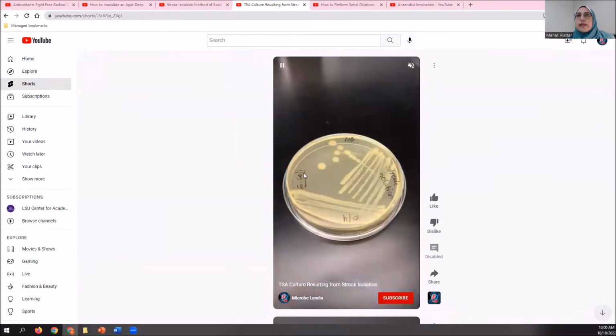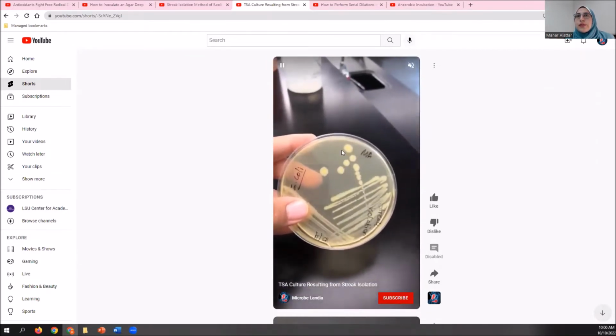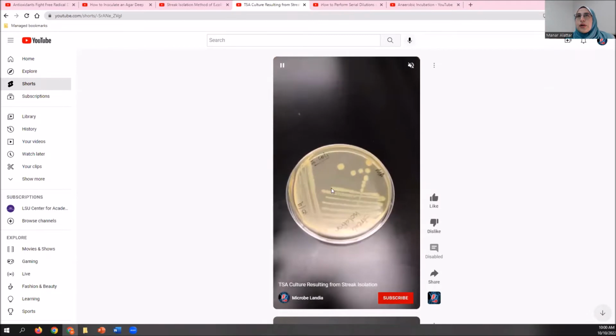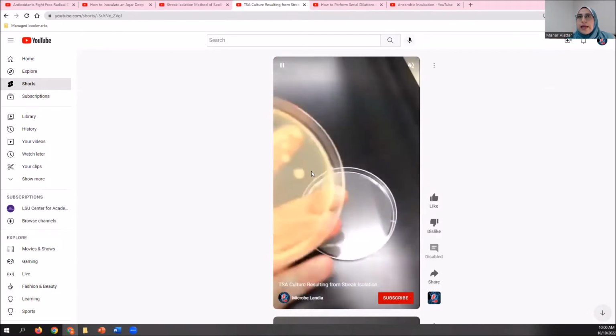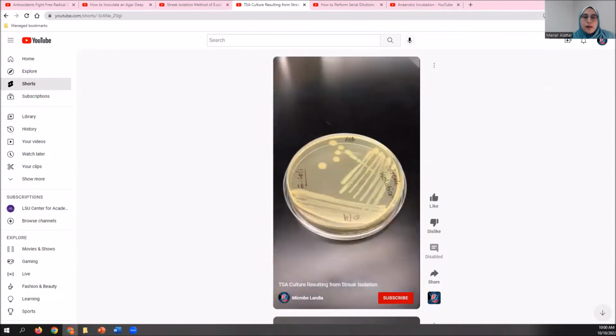So we basically streak out concentrated streaks and then sterilize, dilute those streaks, and then you get pure cultures where you can see individual colonies and colony morphology off of that.